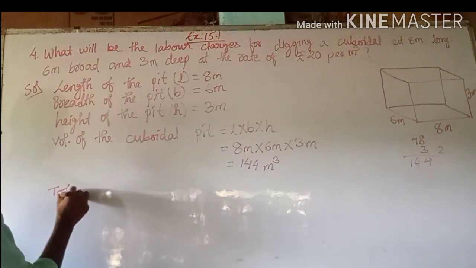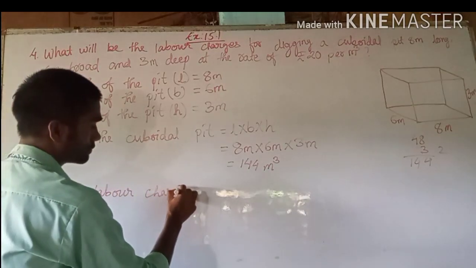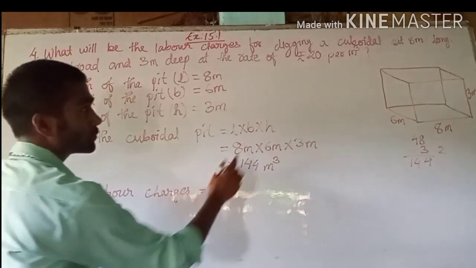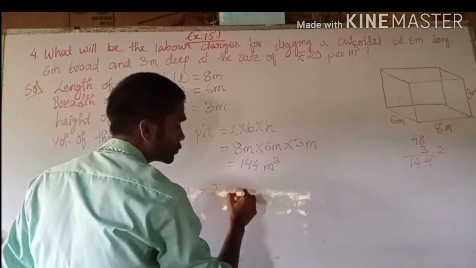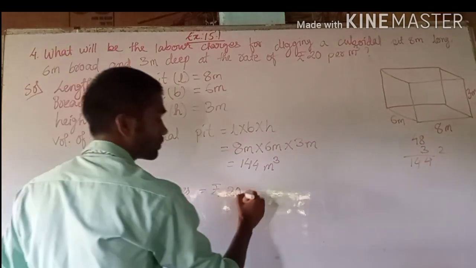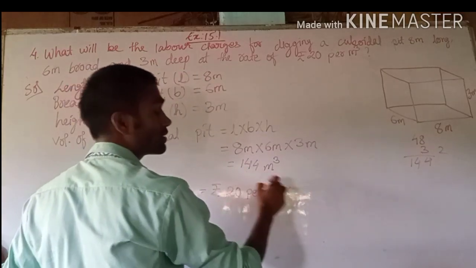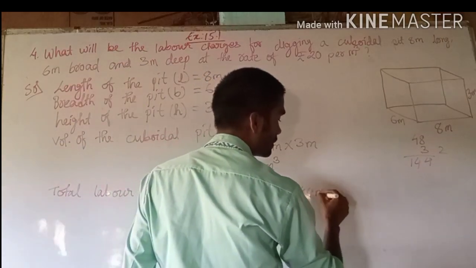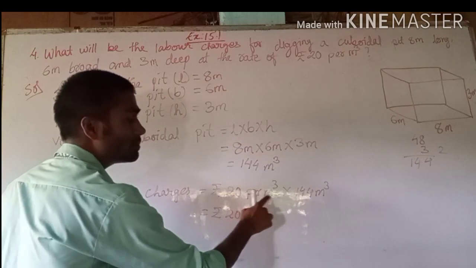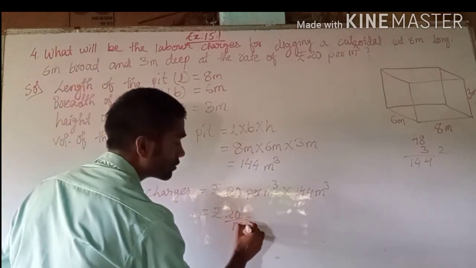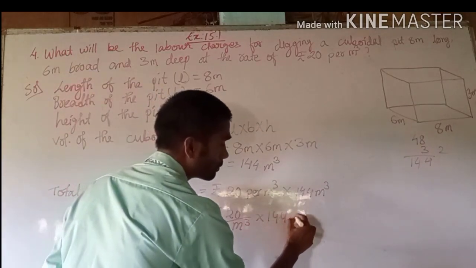So we write here total labor charges is equal to rupees 20 per meter cube into 144 meter cube. Rupees 20 per meter cube means divided by meter cube for per meter cube, so into 144 meter cube.